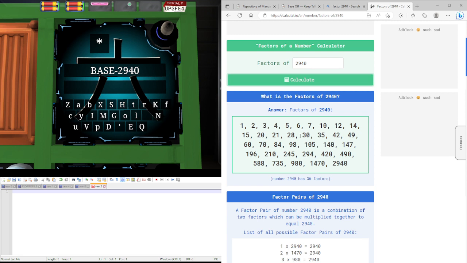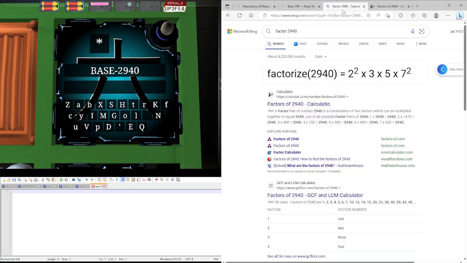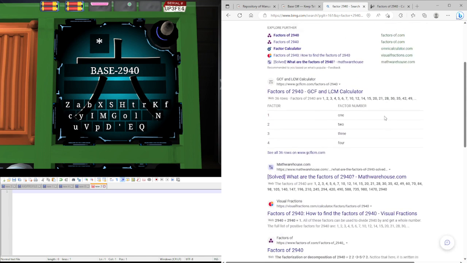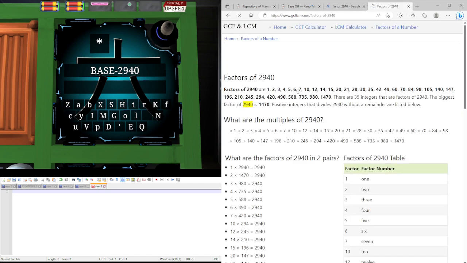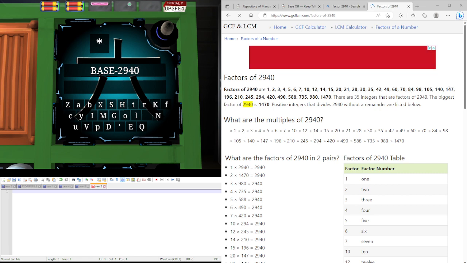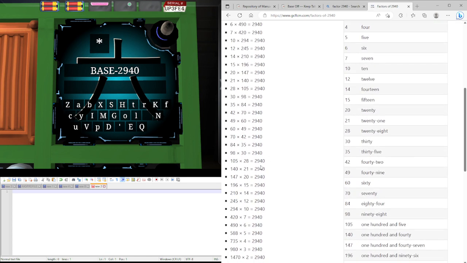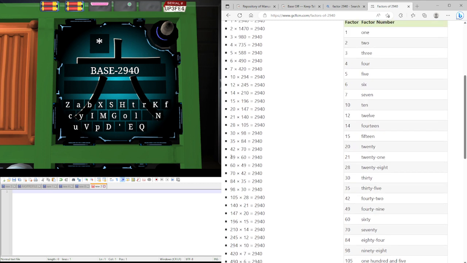Nearly. Yeah, that's too small now. 1335. Let's talk about this. Two nearest to each other are 49 and 60.